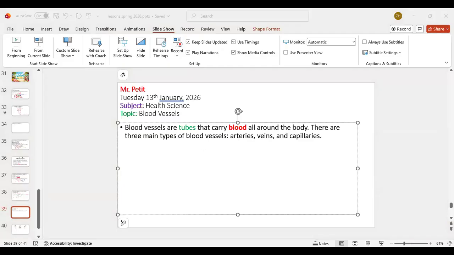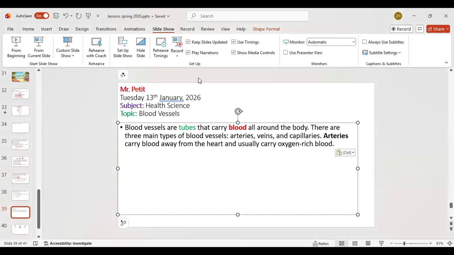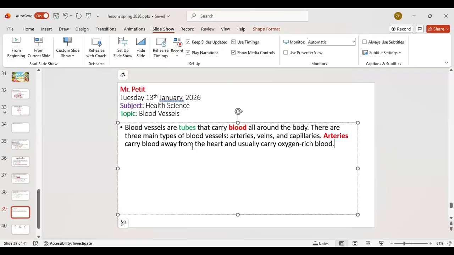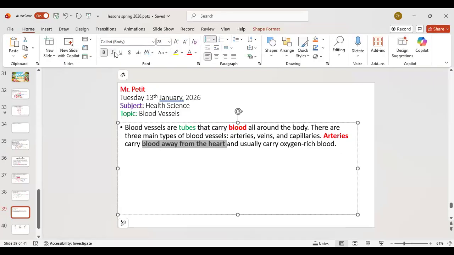Now there's a neat way you can remember this. A for away, and then the V is going towards the heart. So arteries carry blood away from the heart. That's very important. A is for away.